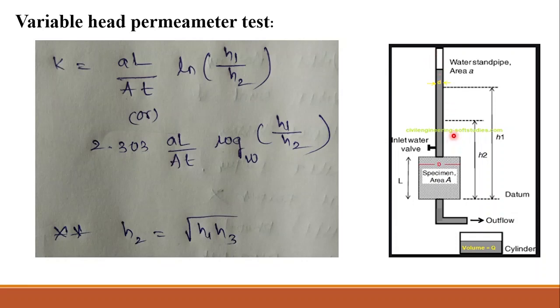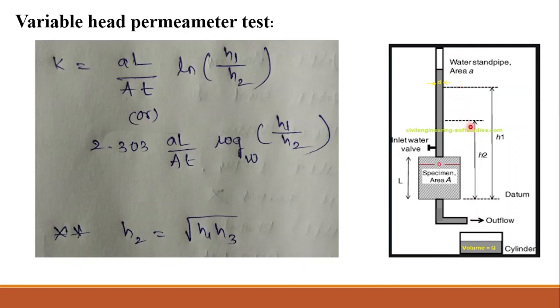After assembling the soil specimen, you have to pour the water up to a certain level. For example, here I am pouring the water up to height H1. Then the water will slowly pass through the soil specimen and flow out of the smaller area pipe. After a certain time, the water level comes to a certain height, that is H2.